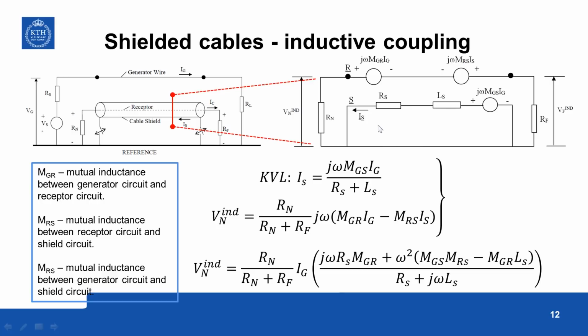Now the shield current can be written as j omega M_GS I_G by (R_S plus j omega L_S).